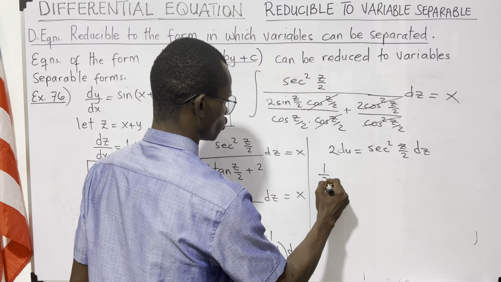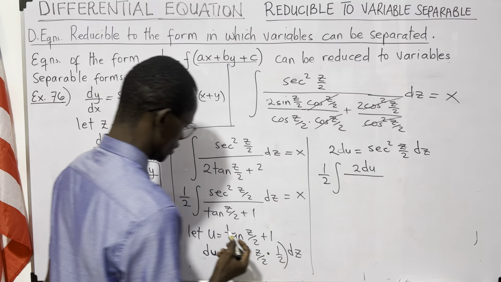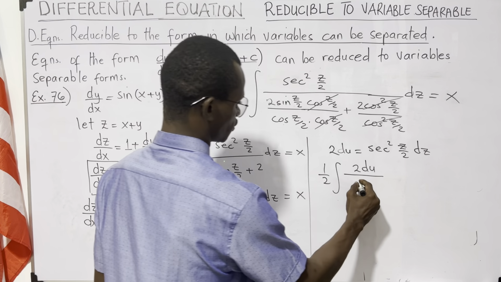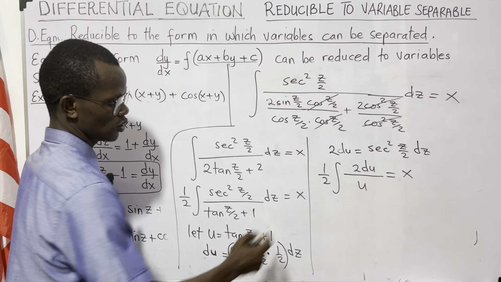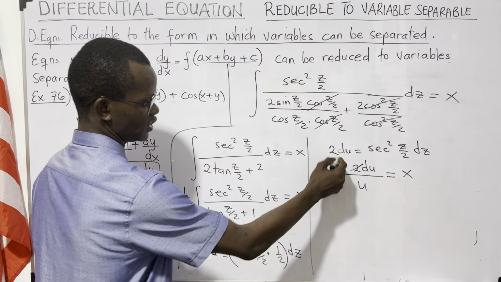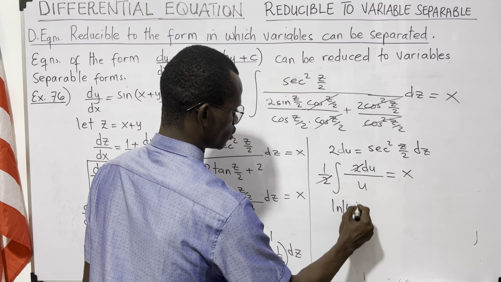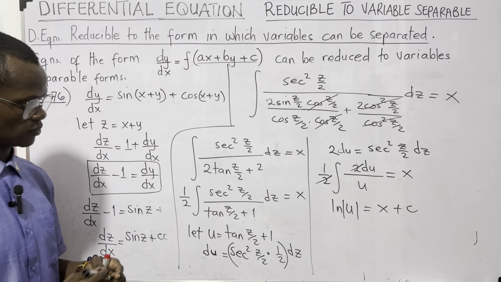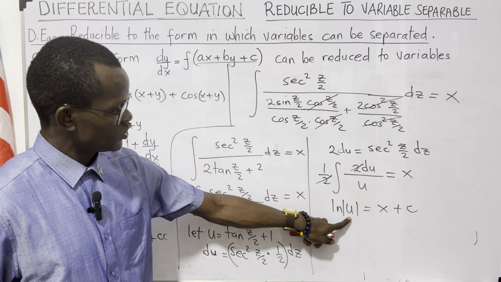So we have 1 over 2, the integral of 2 du, all over tangent z over 2 plus 1, which is just u. So this 2 can cancel this 2. The integral of 1 over u du is just the ln of u equals x, plus some arbitrary constant c.